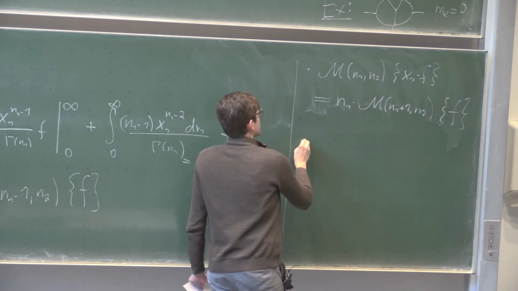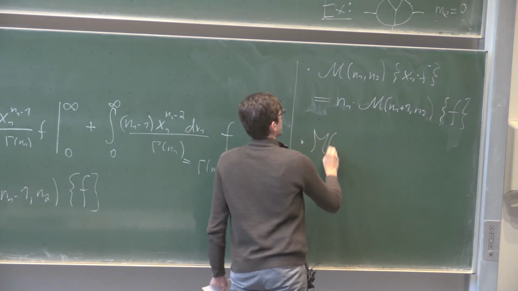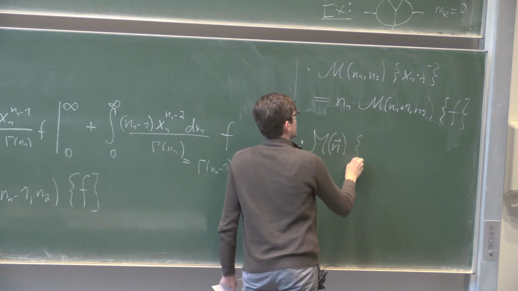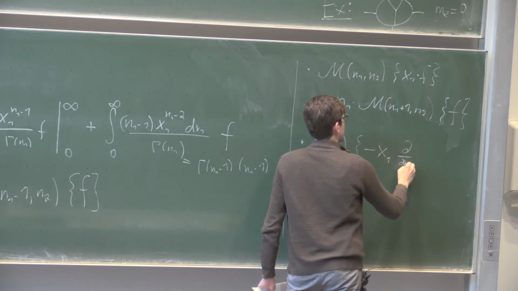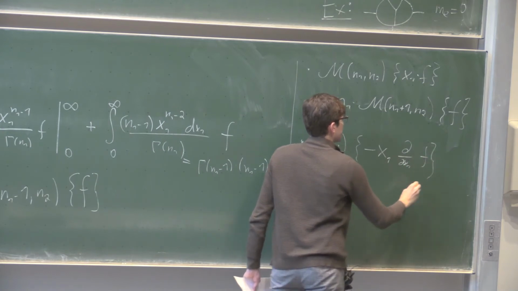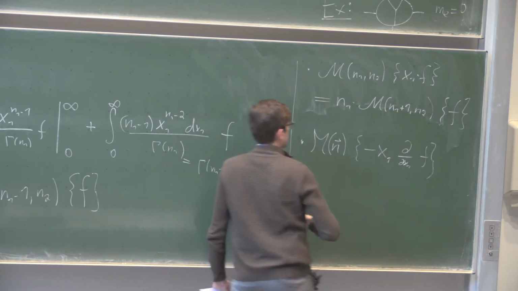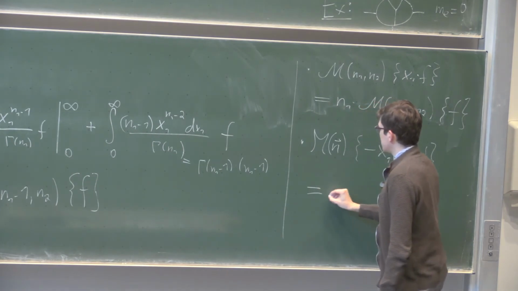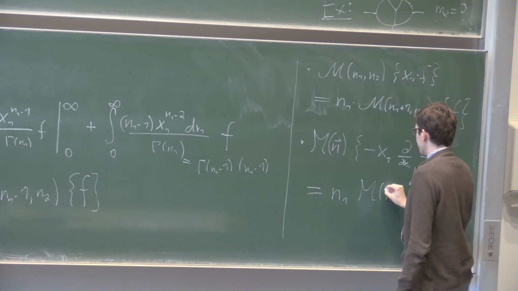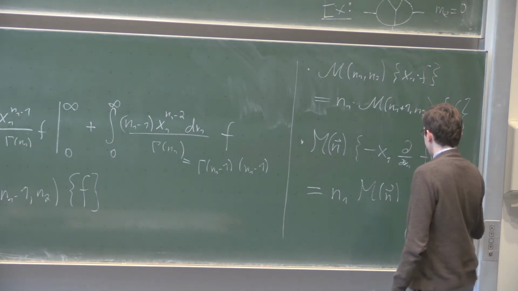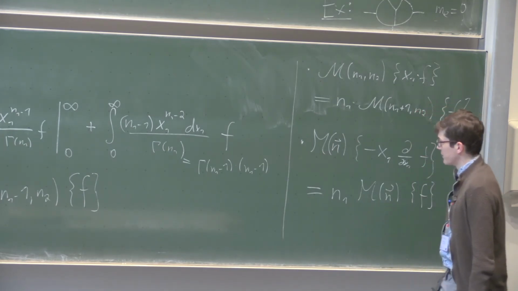And if you combine the two, you find that the Mellin transform of this particular combination, when you take x1 d by dx1 of f, which is a concatenation of the two things we discussed earlier, is the same as just multiplying with n1. Okay.